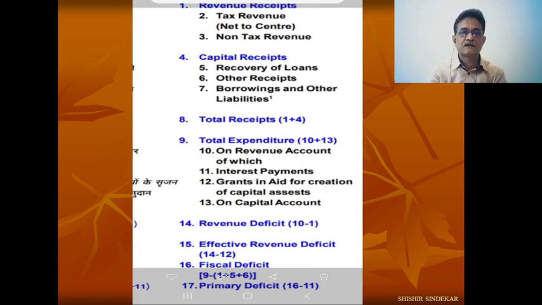Recently the budget has said that we are going to sell LIC, or reduce our share in LIC. So the amount which they will recover by selling the shares to the public, where has it to be shown? It must be shown in capital receipt, but they can show it in revenue receipt for that year.